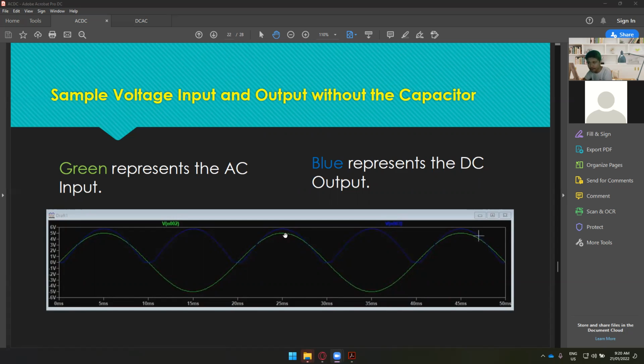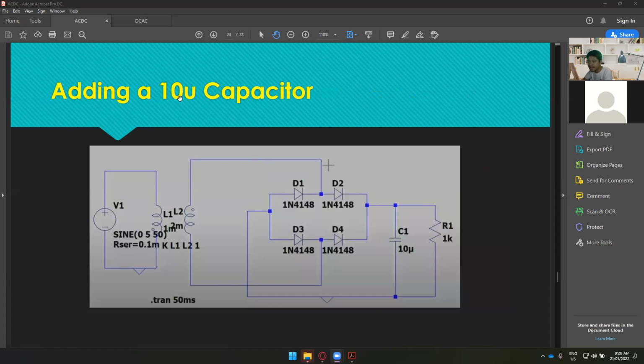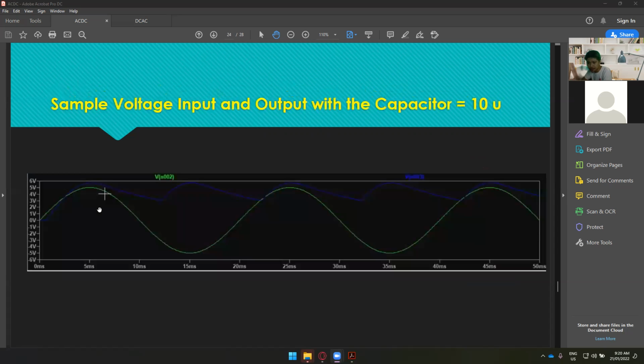Then if you add a 10 microfarad capacitor right here, you'll be able to lessen the ripple. Before, it went from 0 to 6, but now it becomes just 6, then 3 or 4, so 6 4 6 4 6 4.